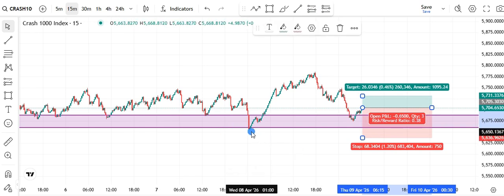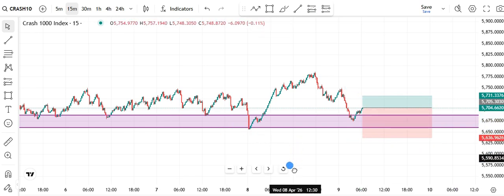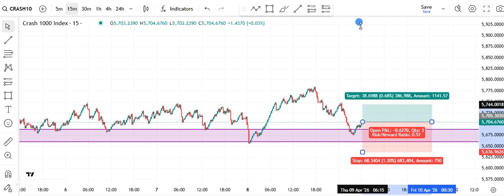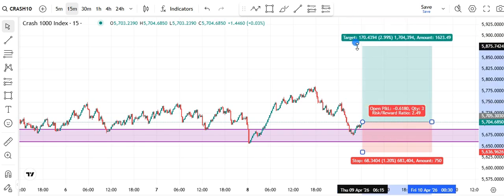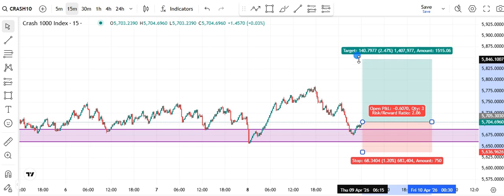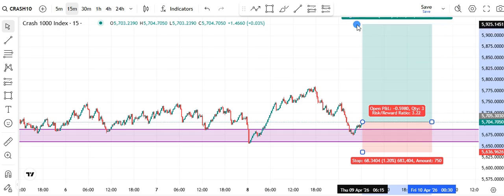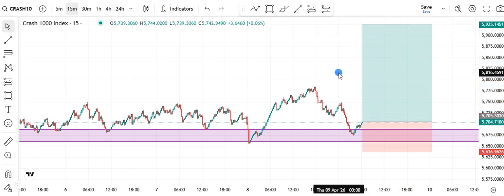If the market should go below this, anything below this, then we should be looking for a bearish move. You can target at least 1:2 risk to reward, but it can go as much as 1:3. Alright, that brings us to the end of the analysis.